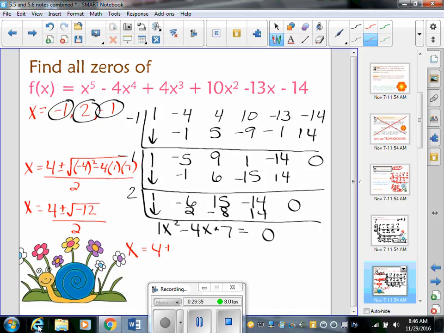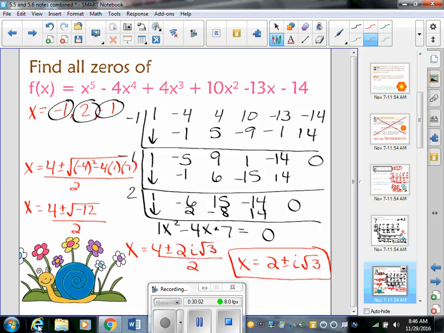So 4 plus or minus, do you know how to simplify the radical 12? 2i radical 3 all over 2. Good. So simplifying this gets us there. Divide all of them by 2. i radical 3.